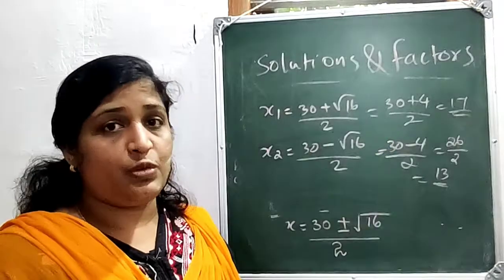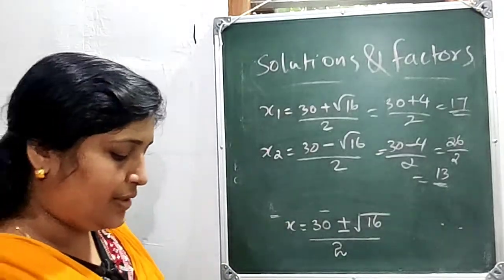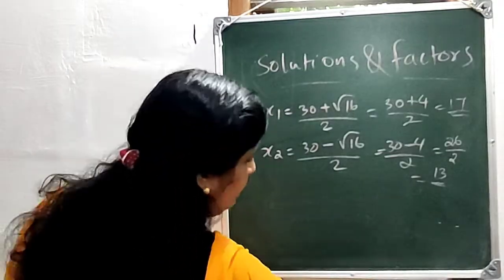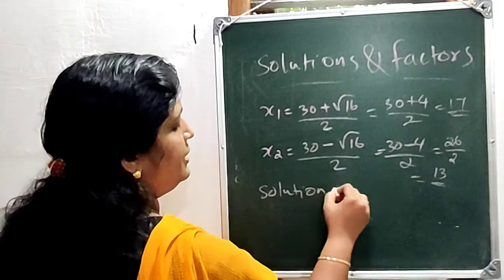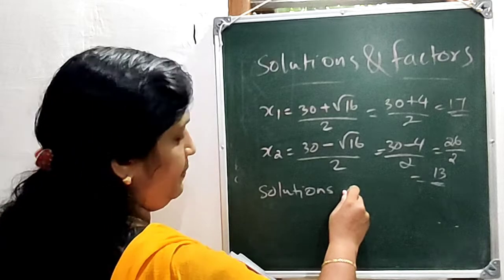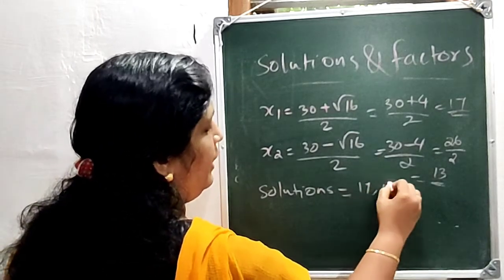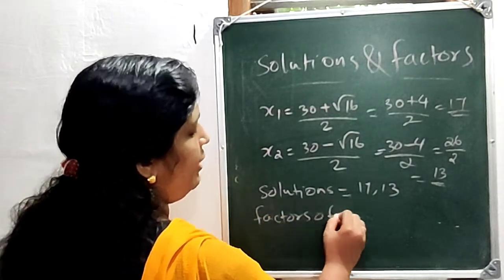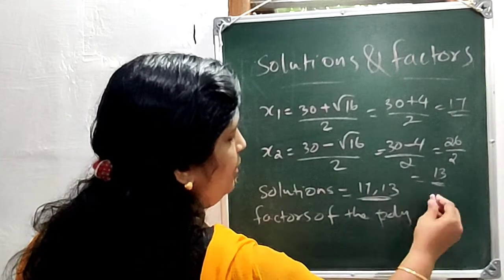Then how do we find the factors of the polynomial x square minus 30x plus 221? The solutions of the equation x square minus 30x plus 221 are 17 and 13.